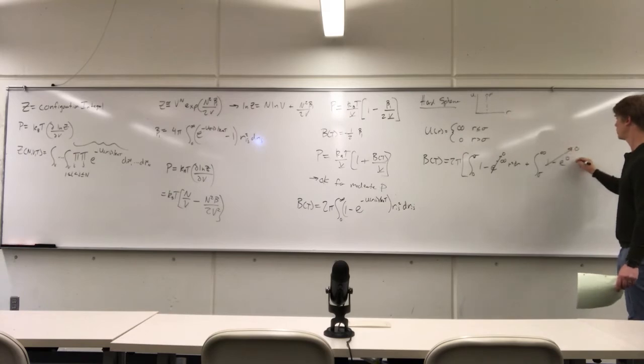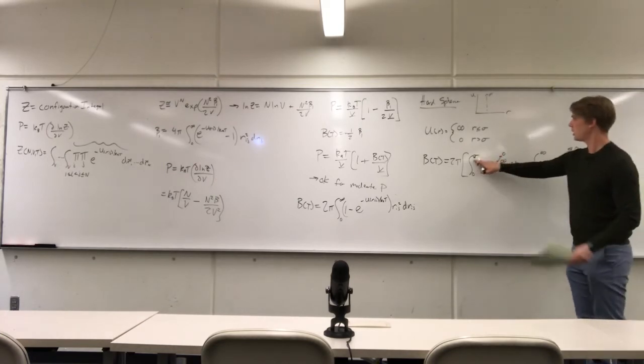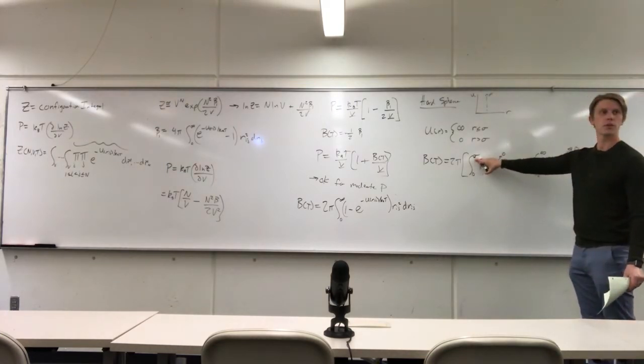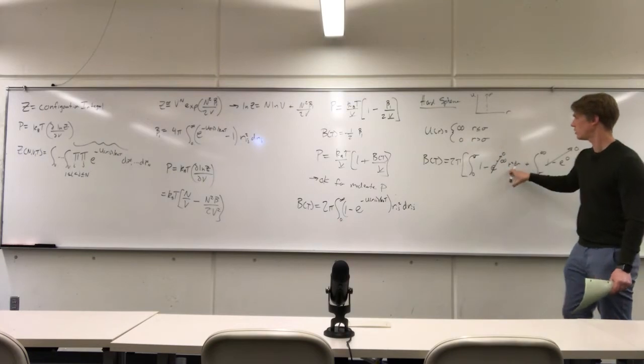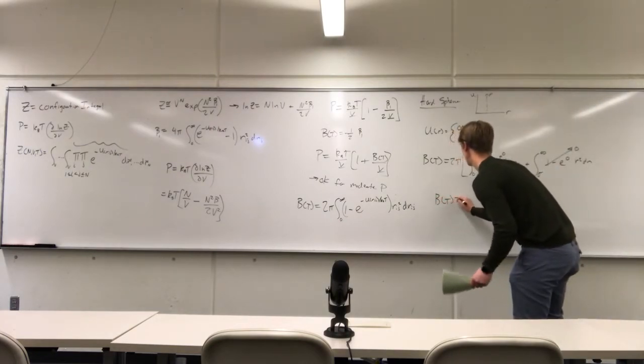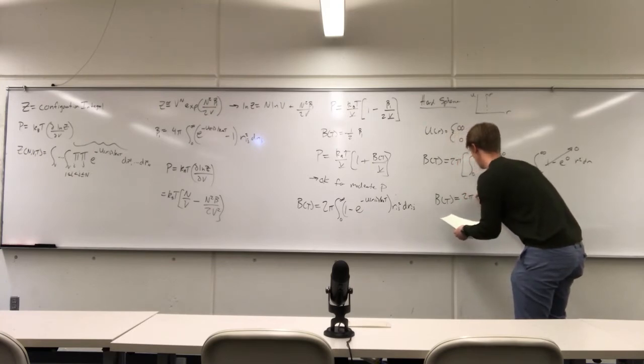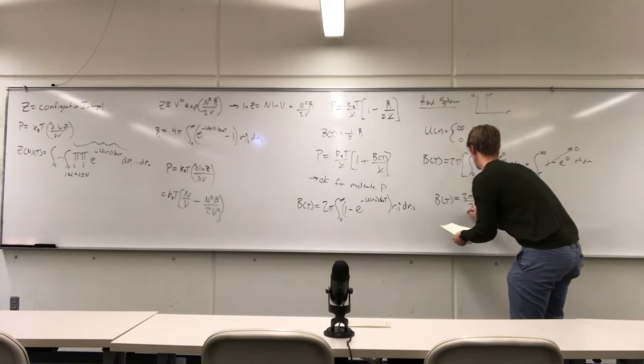This whole thing goes to 0. So when we substitute in our hard sphere radius into this integral here, the outcome is that the second virial coefficient is equal to 2 pi sigma cubed over 3.